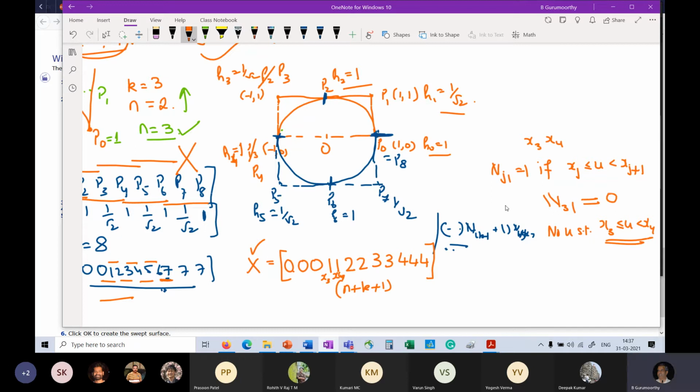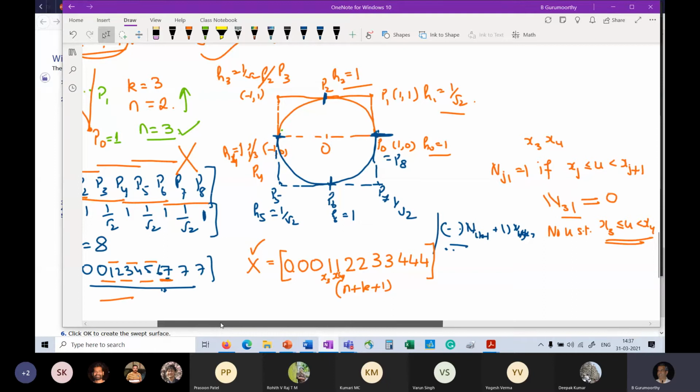Okay, and therefore because N 3,1 is 0, right, all the other subsequent basis functions are 0 in this interval, and therefore there is no definition possible. So these 3 basis functions that I need, namely for p1, p2 and p3 in that interval, right?